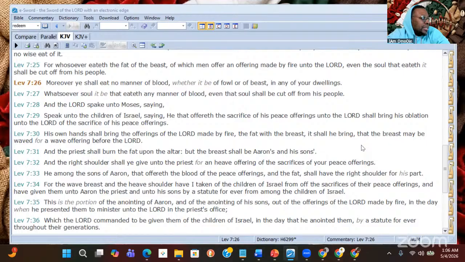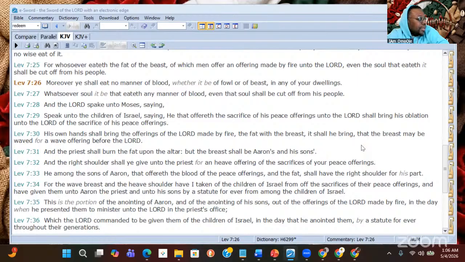Moreover, ye shall eat no manner of blood, whether it be of fowl or of beast, in any of your dwellings. Whatsoever nefesh it be that eateth any manner of blood, even that nefesh shall be cut off from his people.